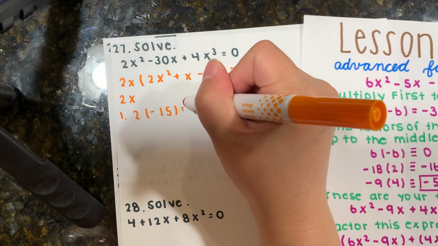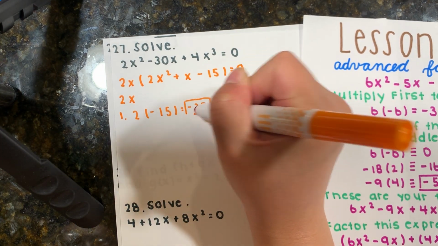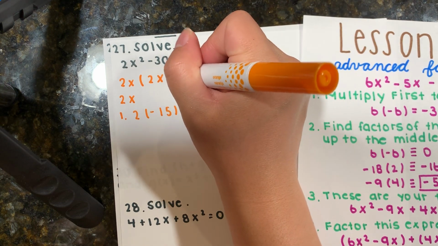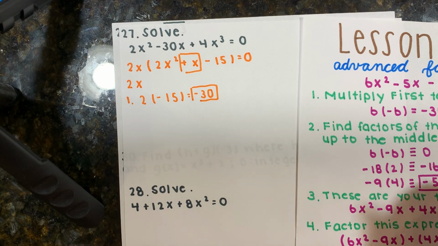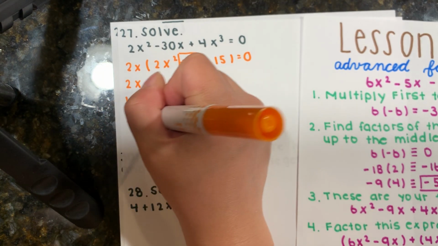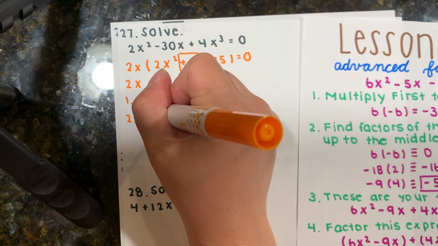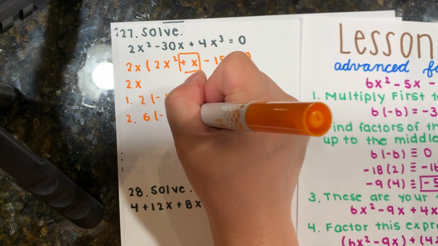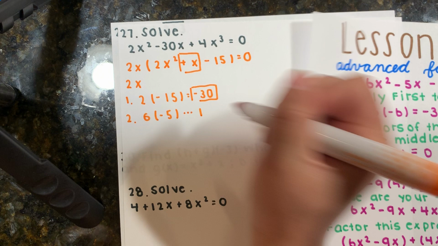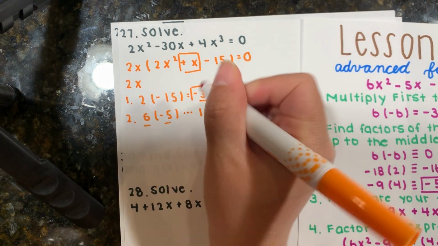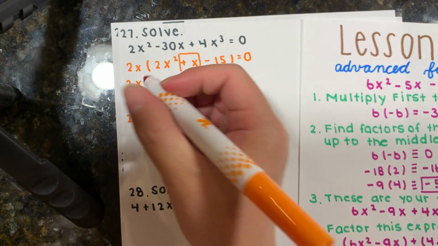Then I need 2 numbers that multiply to give me negative 30, but add up to give me positive 1. And those numbers would be positive 6 and negative 5. They multiply to negative 30, but they add up to positive 1. So the 6 and the negative 5 are going to replace that x.